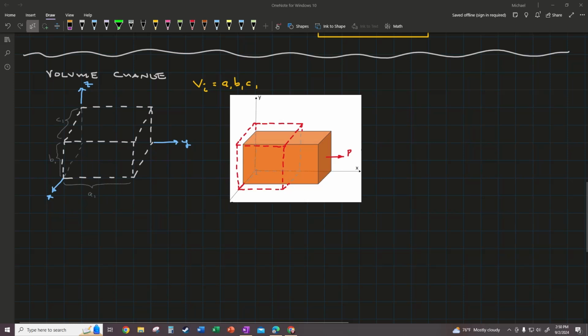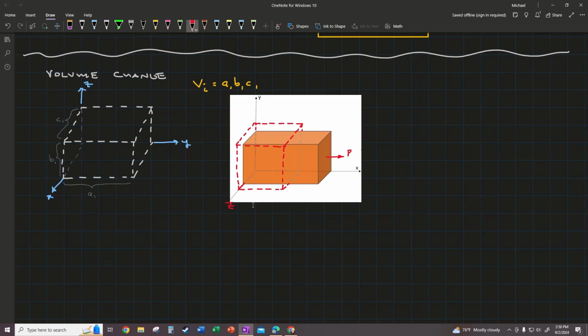And let me redraw this so that the red lines are essentially the original size of the block here. When I pull it, it's going to stretch in the direction I pull. Imagine that this is the z direction.